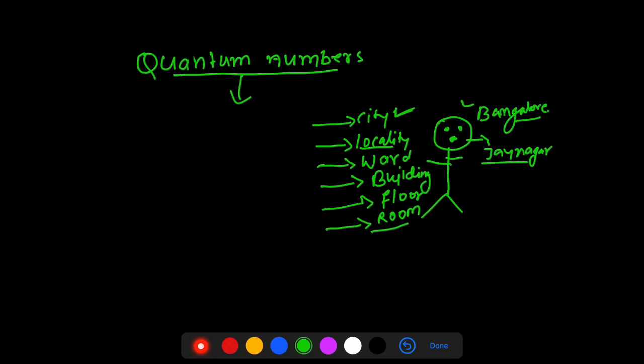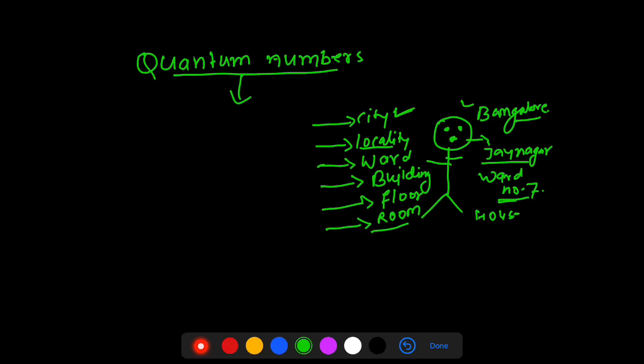Suppose this person lives in Jayanagar, so you will go to Jayanagar directly. Jayanagar is further divided into many wards: ward number 1, 2, 3, 4, like that. Assume this person lives in ward number 7, so out of many wards, you'll go to ward number 7.